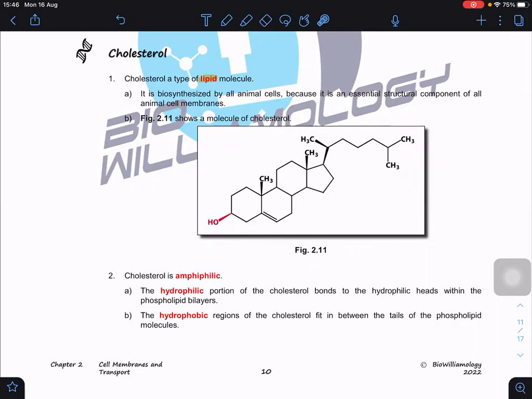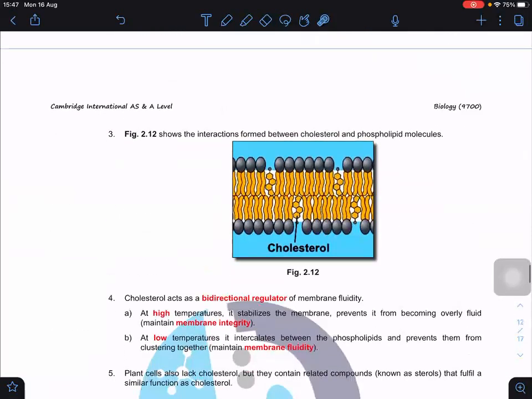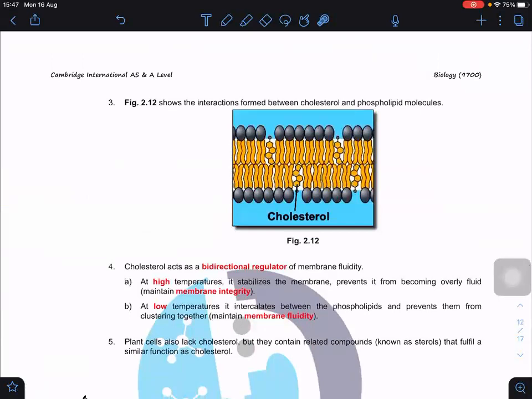Even though cholesterol has a small part that likes water, it can still diffuse across the phospholipid bilayer. Are you clear? So the hydrophilic region of this cholesterol bonds to the hydrophilic heads, and the hydrophobic region works together with the hydrophobic tail. Look at the structure here. The small dot here indicates the OH group.